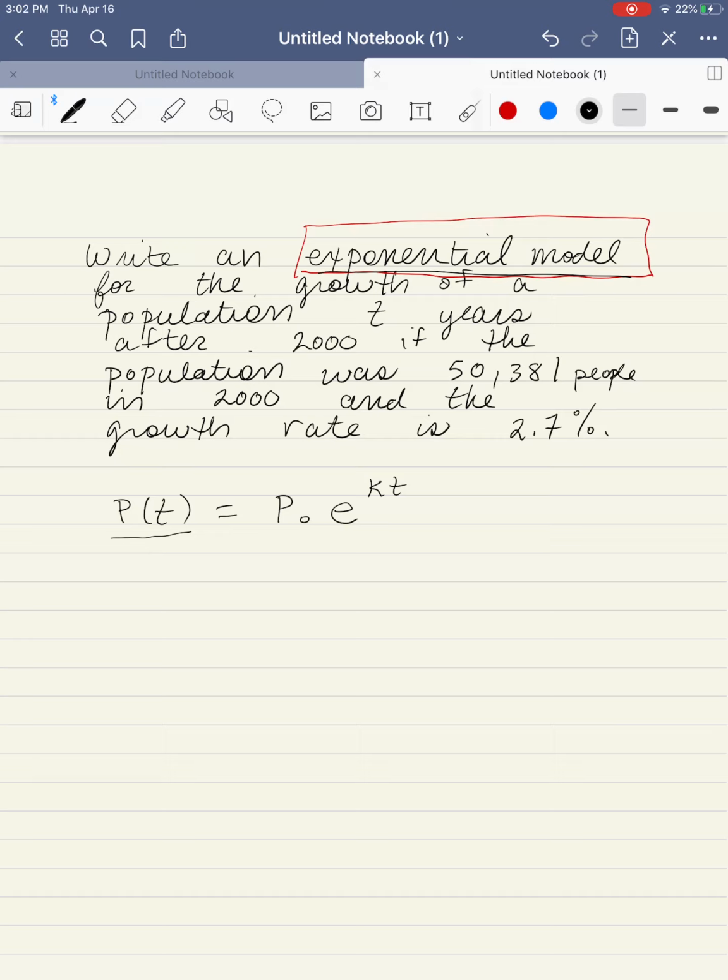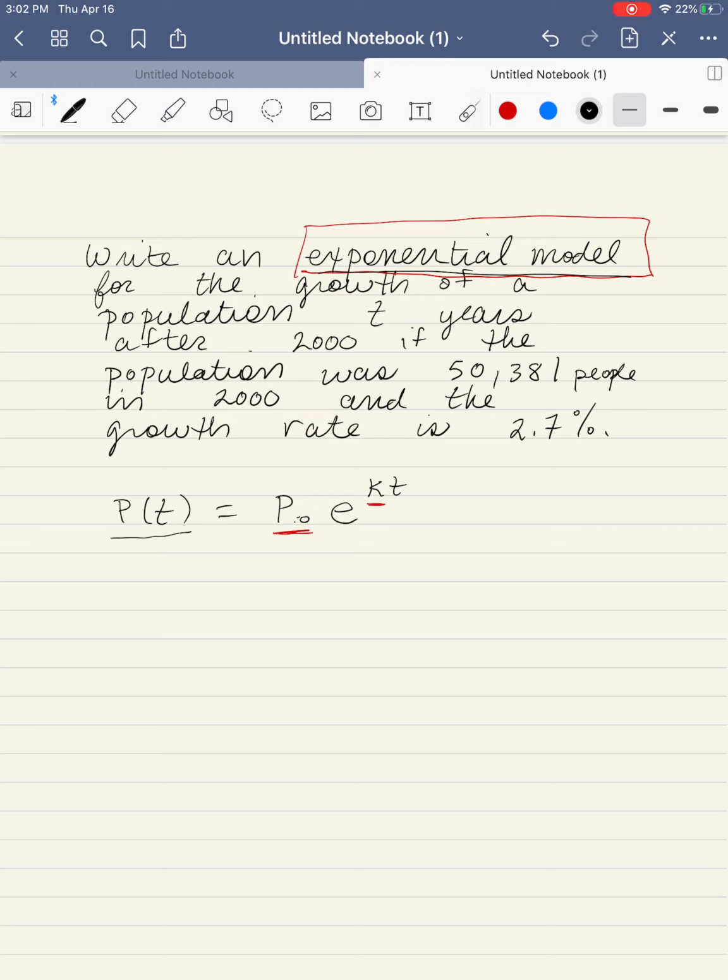This is our basic exponential model. The P of t is like the f of x. So I need to figure out what P sub 0 is, and I need to figure out what k is. E is just the number e, that won't change, and t is our variable, like x.